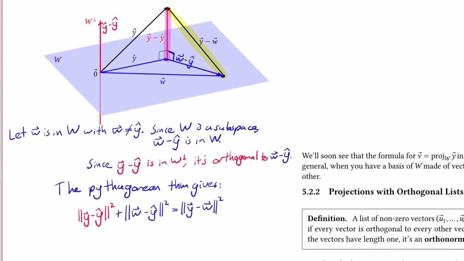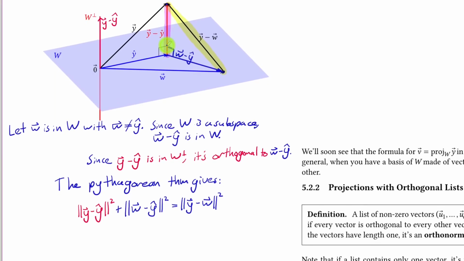So we have the length of this perpendicular leg here, and the thing I'm claiming is longer is the hypotenuse of that triangle.